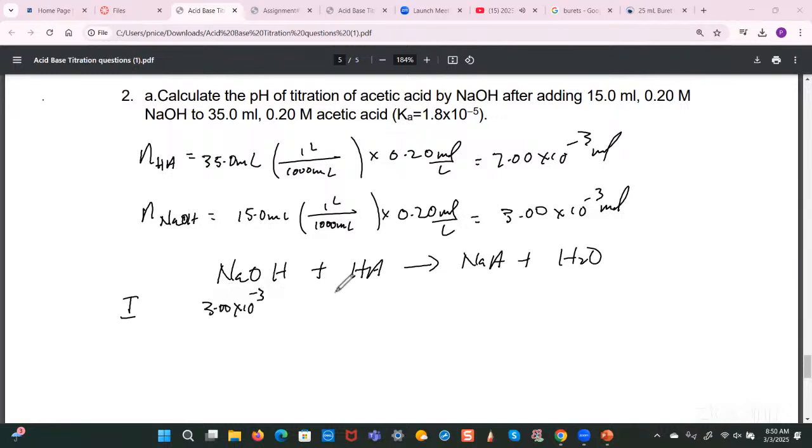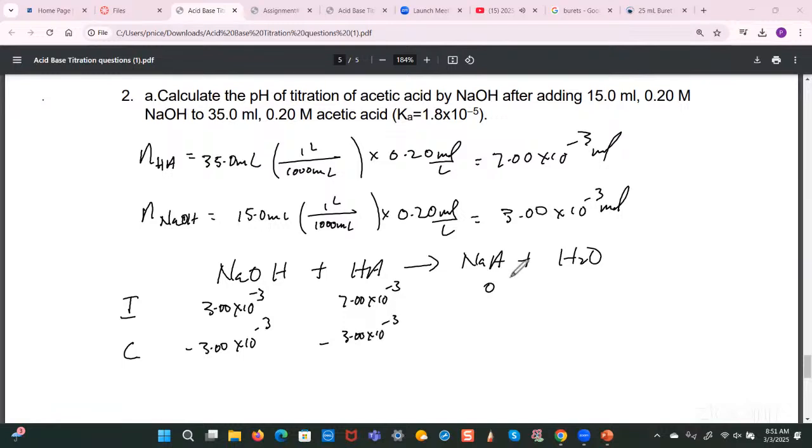For the acetic acid, that would be 7.00 times 10 to the minus 3. And this would be 0. So what would be the change? Minus 3.00 times 10 to the minus 3 for the sodium hydroxide and for the acid.